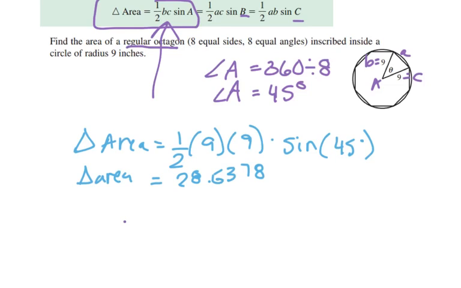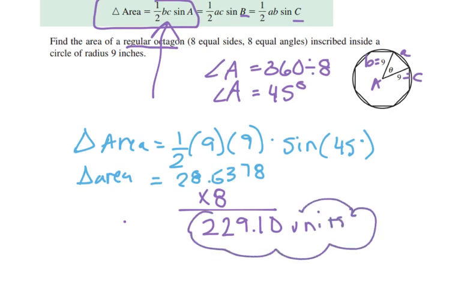And of course there are 8 of them, so we're going to multiply by 8 for that triangle area. And so times 8 is 229.10 units. We don't have a unit, but anyway, squared. Alrighty. That's kind of a lot of units squared. Good to know.